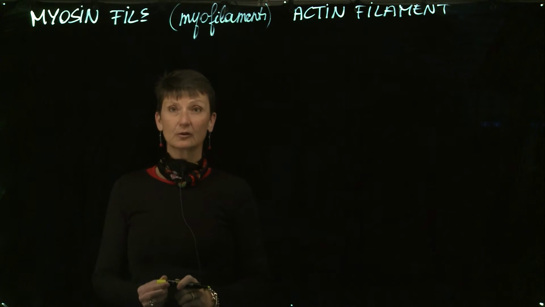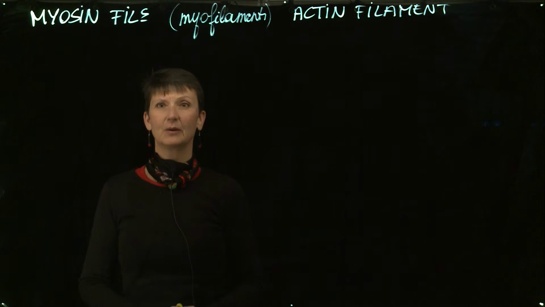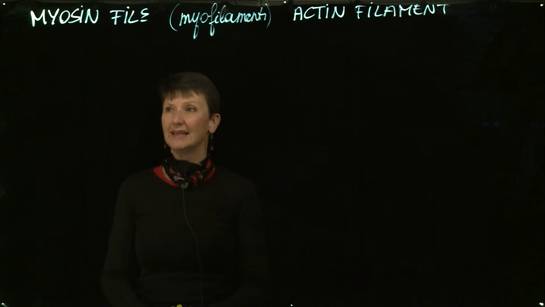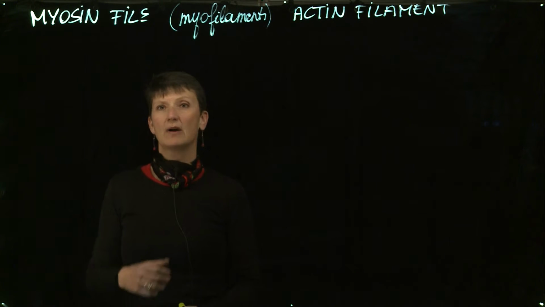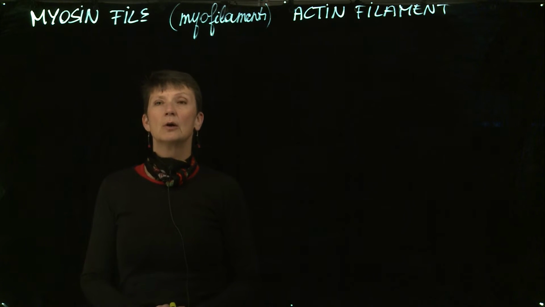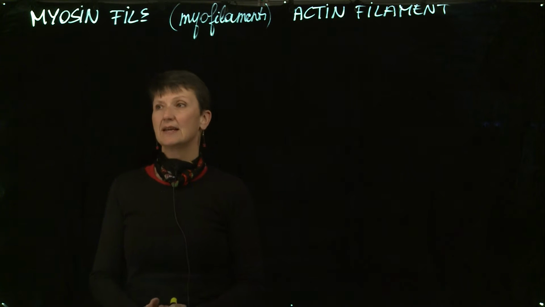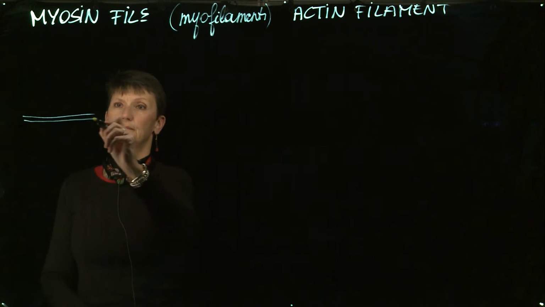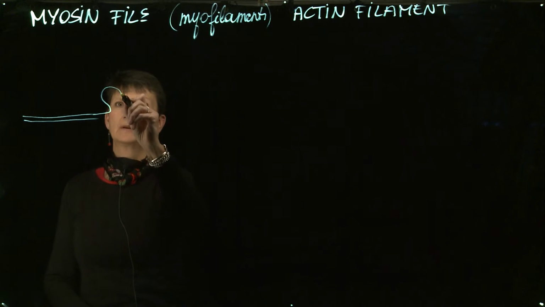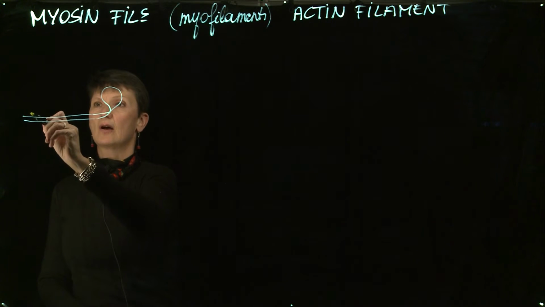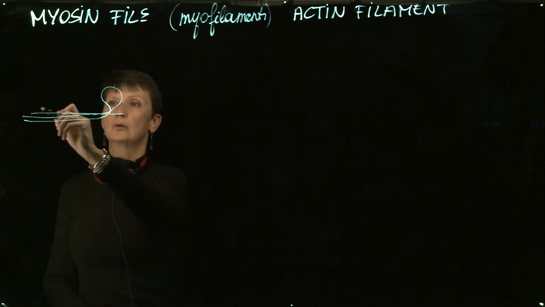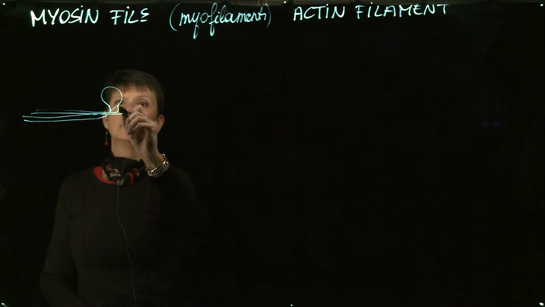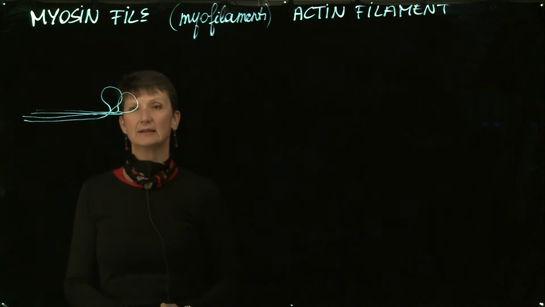Let's take a closer look at what a thick filament looks like. In a thick filament, we find a couple hundred myosin proteins, and they look more or less like this. They will consist of two molecules, each with a tail and then a head, like so, more or less.